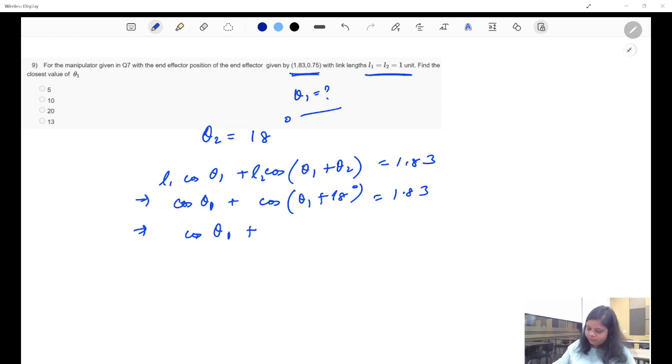Let's expand it. What is cos A plus B? We did it just now, right? We'll write that only, cos A cos B minus sin A sin B. 0.951 into cos theta 1 minus 0.309 into sin theta 1. These are the values of just cos 18 degrees and sin 18 degrees, all right, is equal to 1.83. Please solve with me.